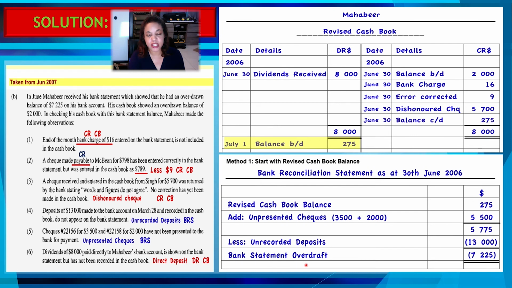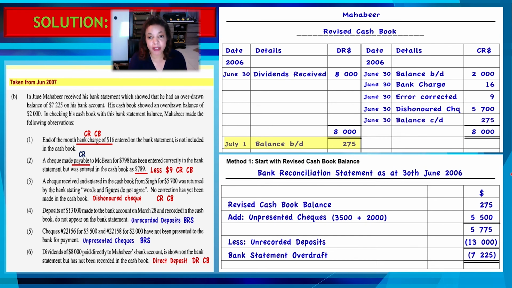And then you can just go and check your information. 7,225 is your bank statement overdraft. So did we match it? Yes, we matched it. So we good. All right, so this was method 1 if the question asked you to start with the revised cash book balance.